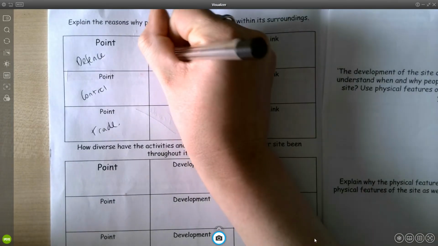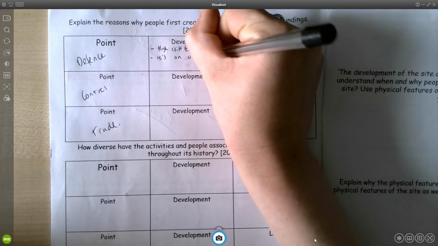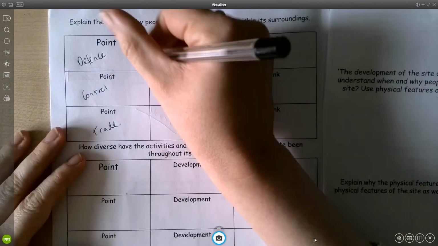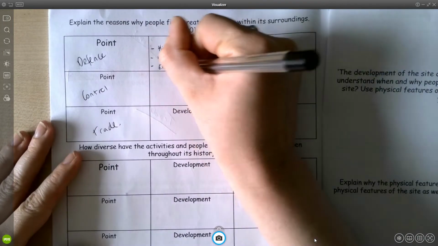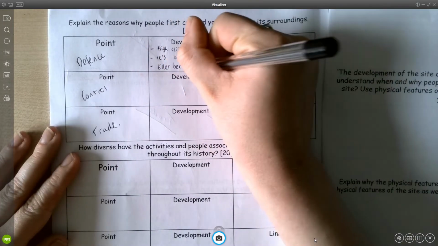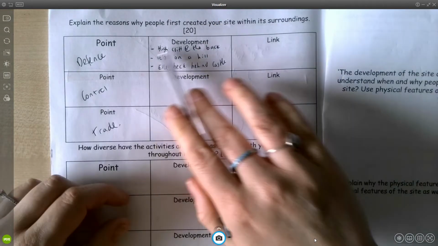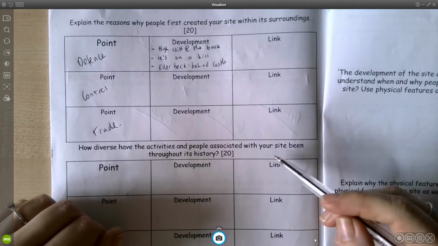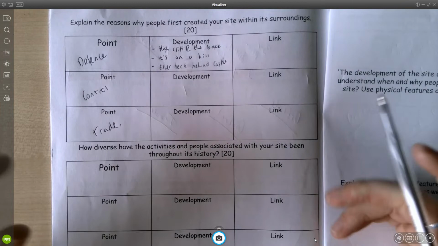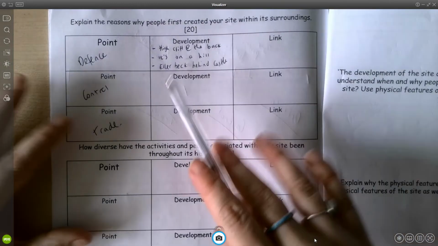It's on a hill, and it also has the Ellerbeck running behind the castle. So these are your descriptions that you would use of the physical features of the site within your answer.